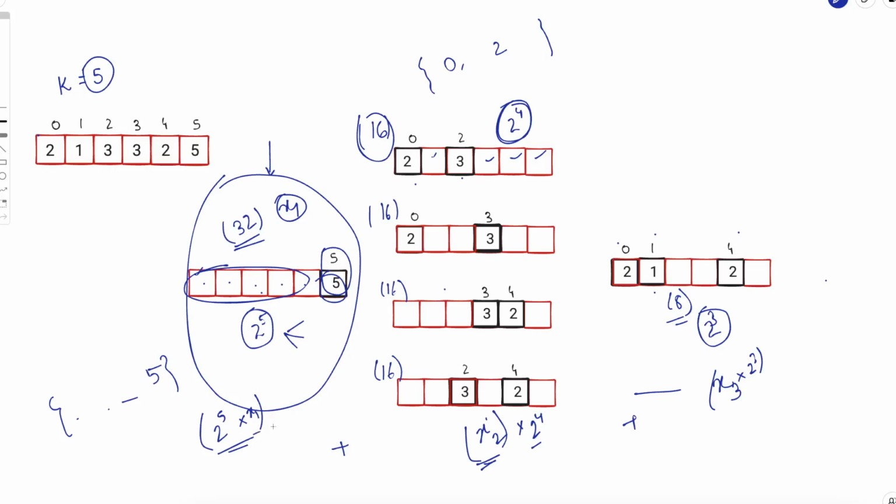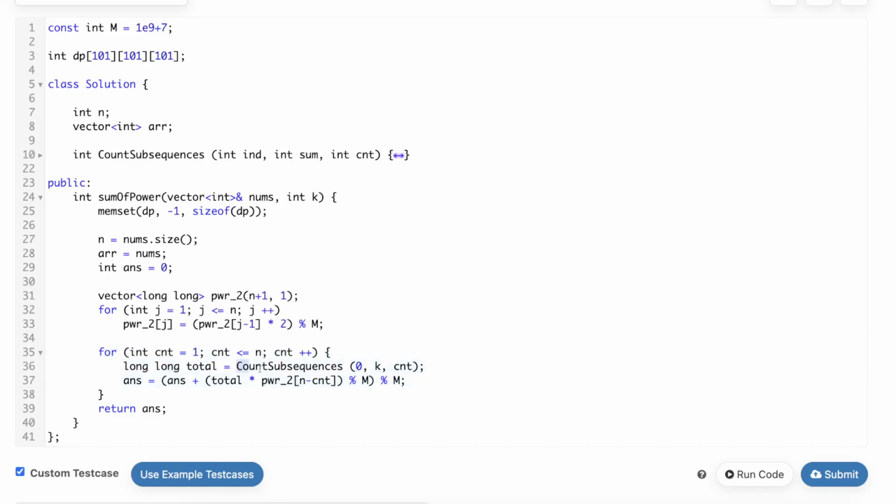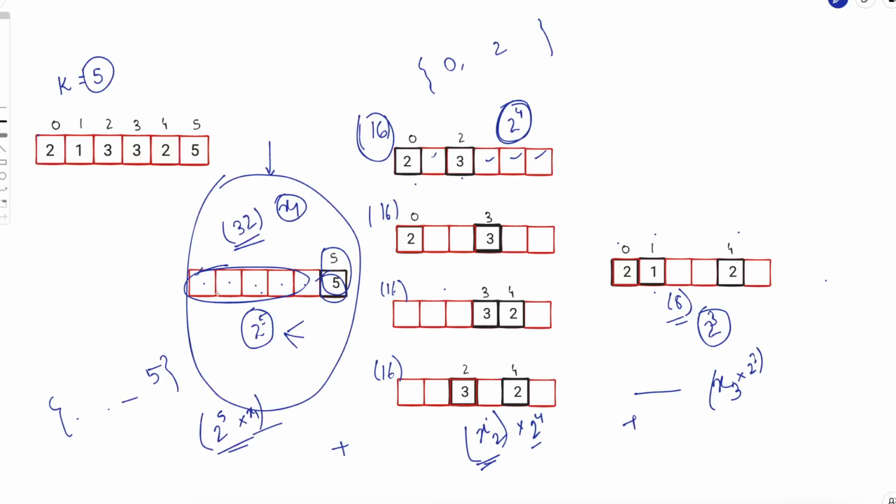So we will get the value of x1, x2, x3 and x4. So this is the value of x1, let's say. So for x1 you will multiply it with the power 2 power n minus count. So basically you have taken a subsequence of length 1, so remaining array elements is n minus 1. So these elements may or may not be present in any of the subsequence.